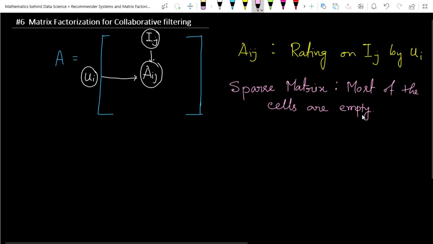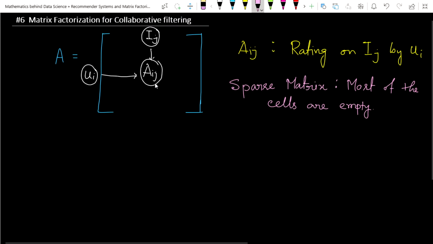Now in the previous lecture we have seen NMF, non-negative matrix factorization. Let's try to apply this concept to collaborative filtering. How will we apply this?